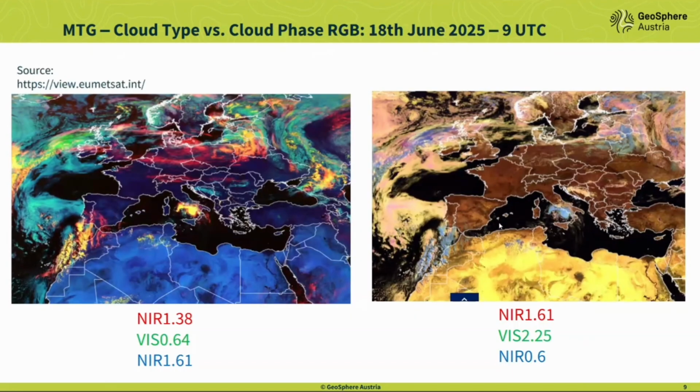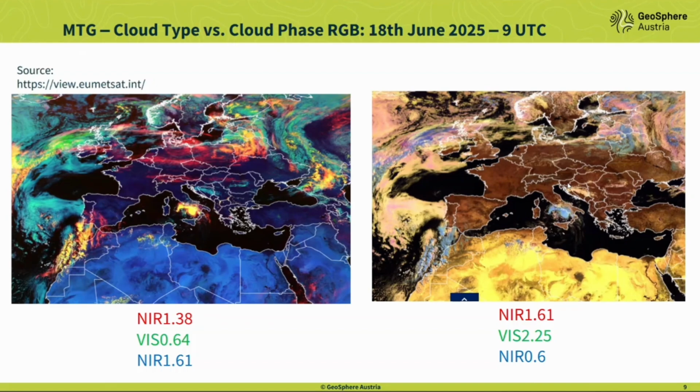If you compare it with another new RGB, the cloud phase RGB, you can see that cloud phase RGB is definitely not for thin cirrus detection, because you can barely see it, especially these cirrus cloud bands over the Alps. You cannot really see them in the cloud phase RGB, but as the name implies, this RGB is for the distinction between water and ice phases, and for distinguishing the particle size on cloud tops.